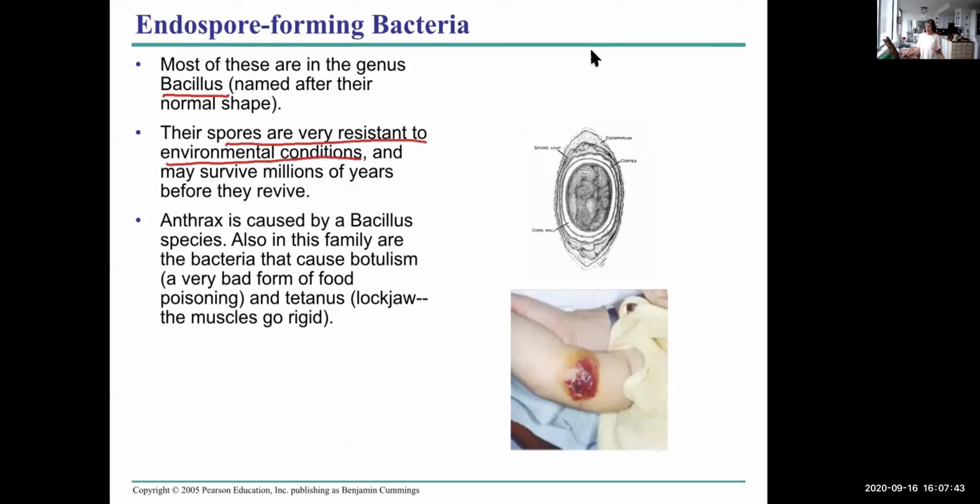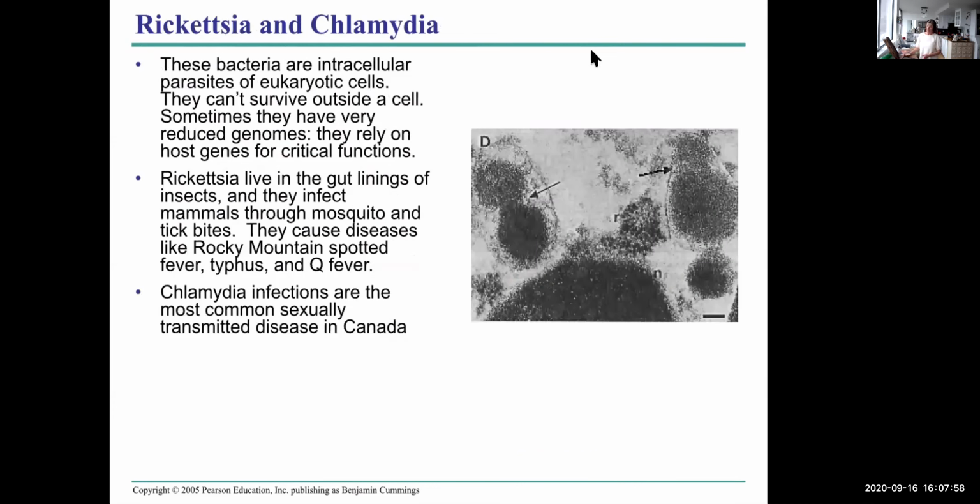They may survive possibly millions of years before they revive. Anthrax is caused by a Bacillus species, and the bacteria that cause botulism and tetanus are this type of bacteria. Some bacteria cause rickets and chlamydia. Chlamydia is a very common sexually transmitted disease.